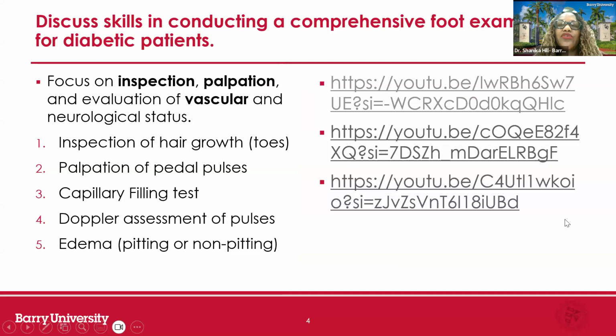All right, so we're going to move on to inspection and palpation of the vascular exam. So first, we're going to just inspect the hair growth. When we're looking at the vascular examination, the first thing is inspection. So we're looking at the foot, and if they grow those fine hairs on the legs, and especially those fine hairs that occur right behind the toes, then we know that their circulation is working all the way distally to the tips.